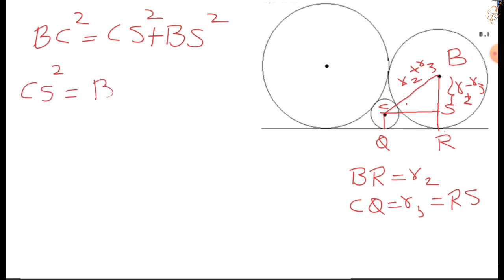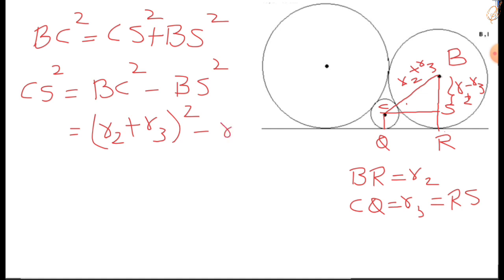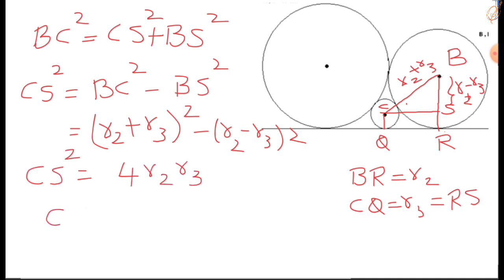That is equal to BC square minus BS square, which is R2 plus R3 whole square minus R2 minus R3 whole square. So it is also in the form of A plus B whole square minus A minus B whole square. The formula is 4AB. Use the formula here, so that is 4R2R3. Now take square root on both sides. Then CS equals 2 square root of R2R3.